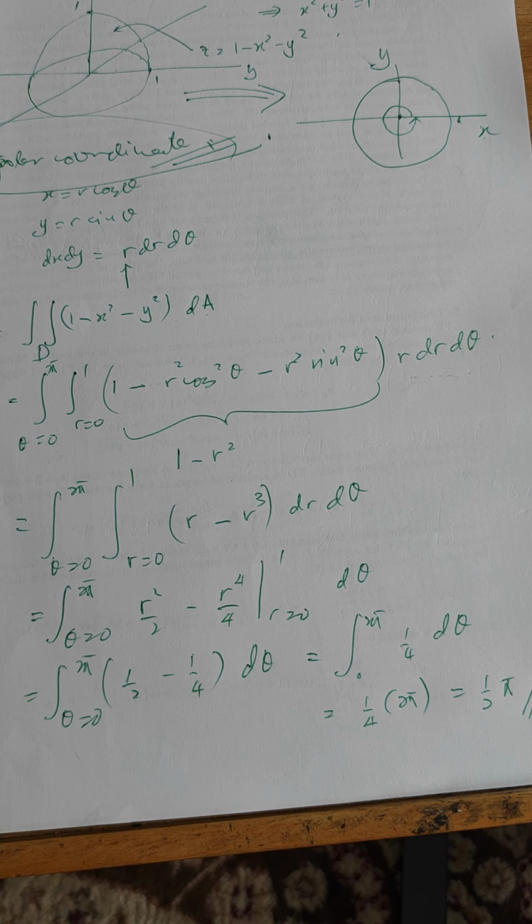Then I went to integration using polar coordinates, especially for a region that is circular. The more general case of polar coordinates is almost the same as this, so I'm not going to go into detail on that. In the next video, I'll talk about the change of variables in multiple integrals, especially double integrals.